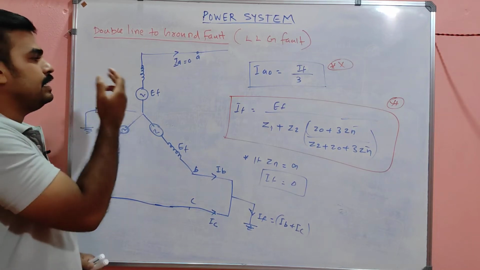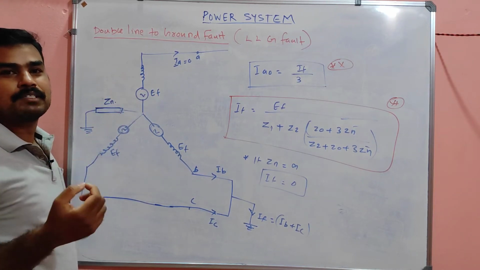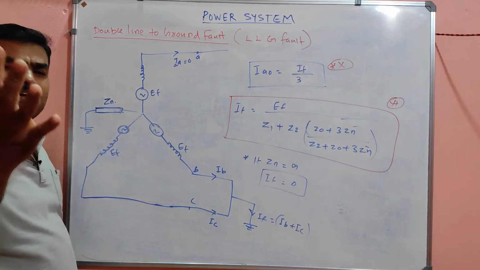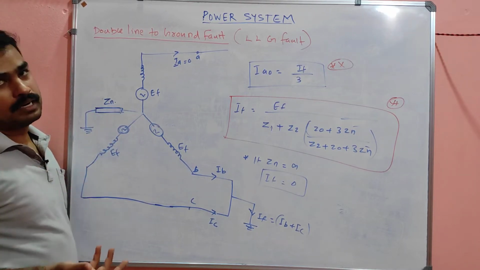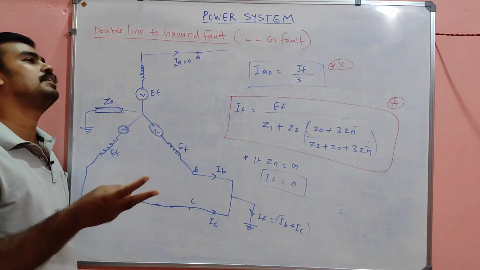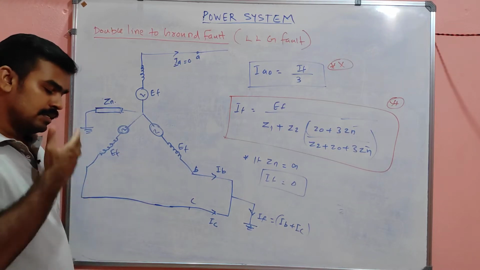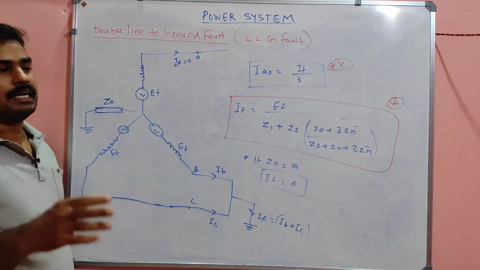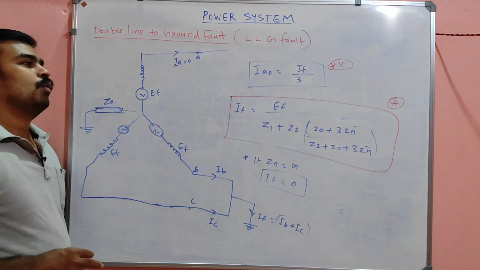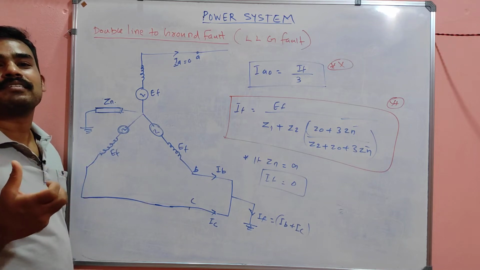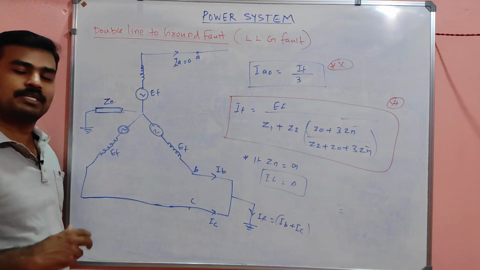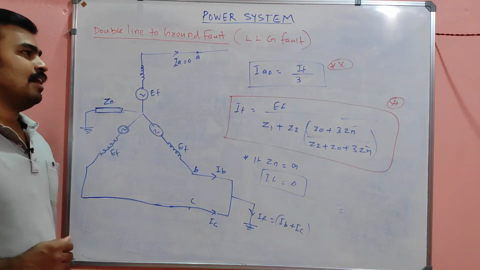EF is the positive sequence of the generator induced EMF, or simply E1, because in an alternator, as I already told you, there is no negative or zero sequence. I asked you one question in my short: why is there no zero sequence or negative sequence in an alternator? Please comment your answer.